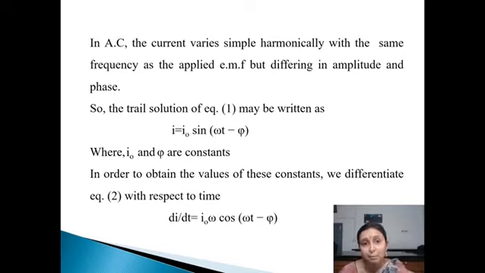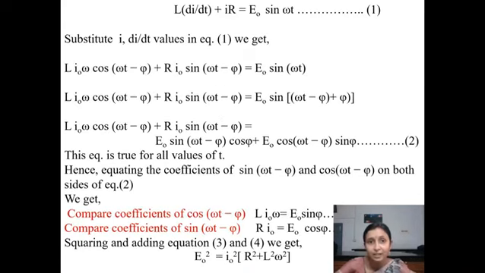So I naught is the maximum current and phi is the phase difference between the applied EMF and the total current. In order to obtain the values of these constants, we differentiate equation 2 with respect to time. So di by dt is equal to I naught omega cos omega t minus phi. Again differentiate.